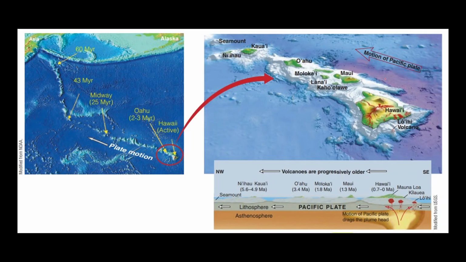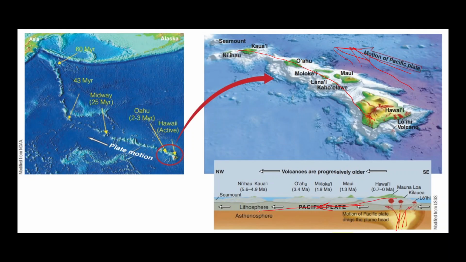This is the motion of the Pacific plate. The plate involved in the Hawaiian island chain is the Pacific plate. It is moving in this direction, and you have a chain of volcanoes present. What Tuzo Wilson was saying is that the Pacific plate is moving ahead in this motion, but the hotspot is staying intact.